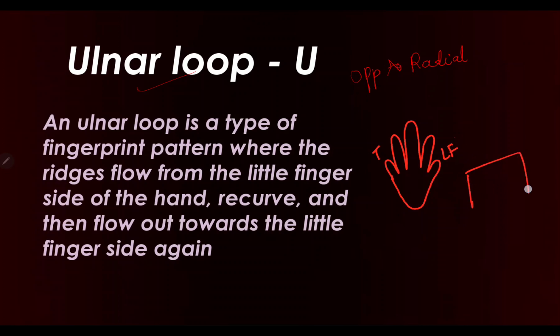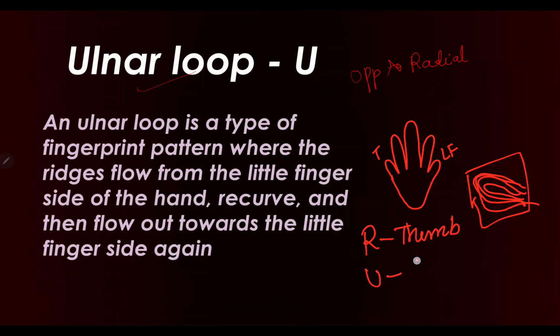The fingerprint pattern will be like this form, coming from the little finger side, recurving, and ending towards the little finger side again. So this is known as the ulnar loop. Radial loop means remember the thumb side; ulnar loop is towards the little finger side.